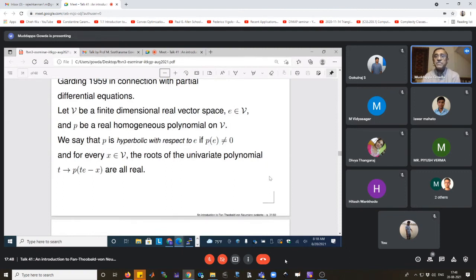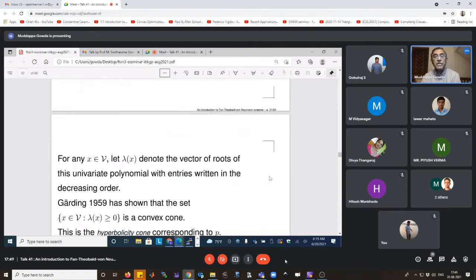Assume that you have an element e in V, and let p be a real homogeneous polynomial on V. We say that p is hyperbolic with respect to e if p(e), notice that p is a polynomial, and if I plug in e, what I get is a number, is non-zero, and for every x in V, the roots of the univariate polynomial t going to p(te minus x) are all real. That's it. That is the definition of a hyperbolic polynomial with respect to one particular direction e.